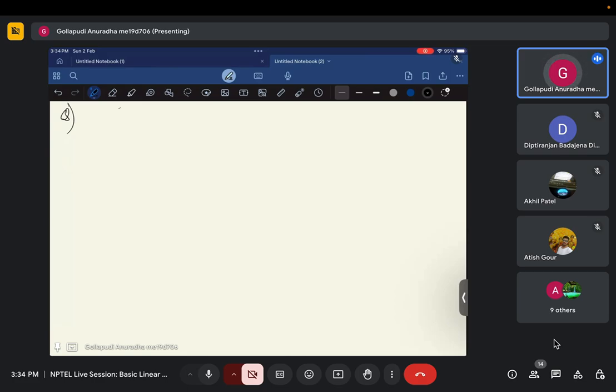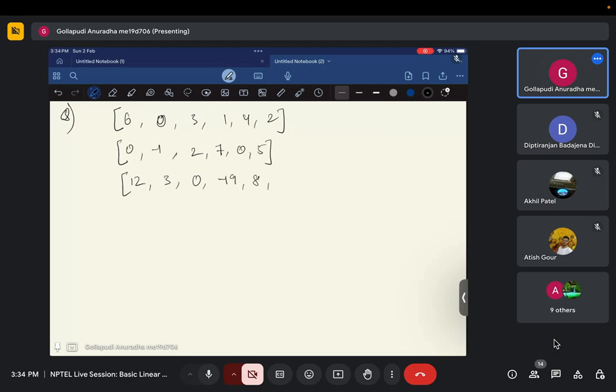Let's solve some questions based on linear dependence. For example, if I have a vector like this, let's go to another question. Solve and tell me whether these vectors are linearly dependent or not.